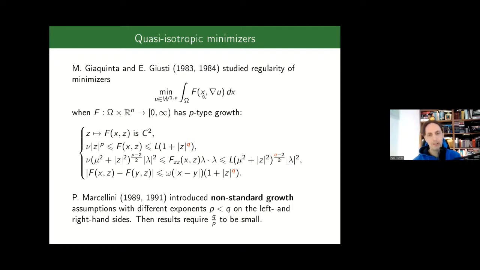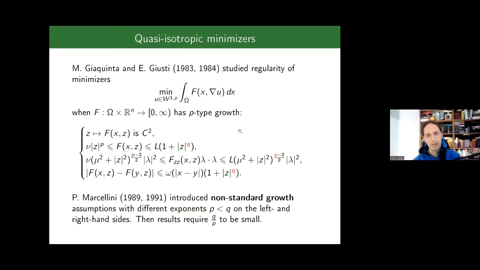And interestingly, it is possible to give several results in this case as well. A common theme, if we use this kind of assumptions, is that q divided by p has to be sufficiently small. Exactly how small depends on the result.